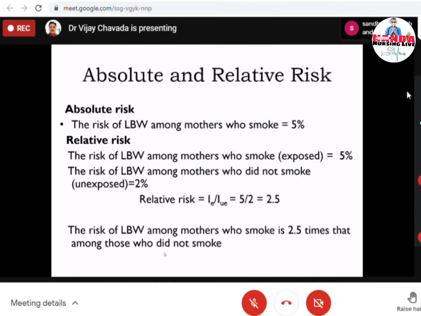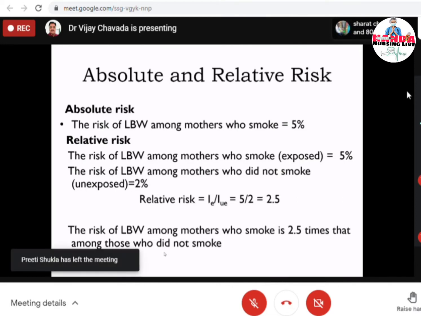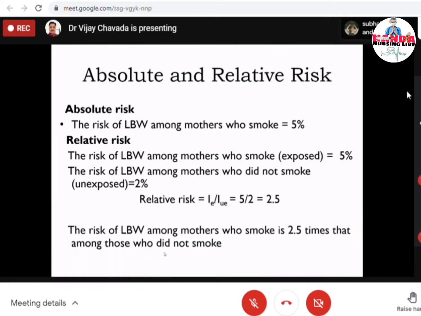So 5% divided by 2% is 2.5. This is a relative risk. The risk of low birth weight among those who smoke is 2.5 times that among those who did not smoke. So this is the interpretation of relative risk.